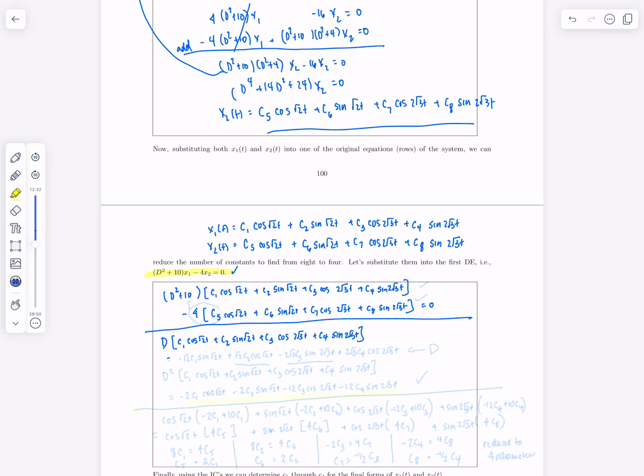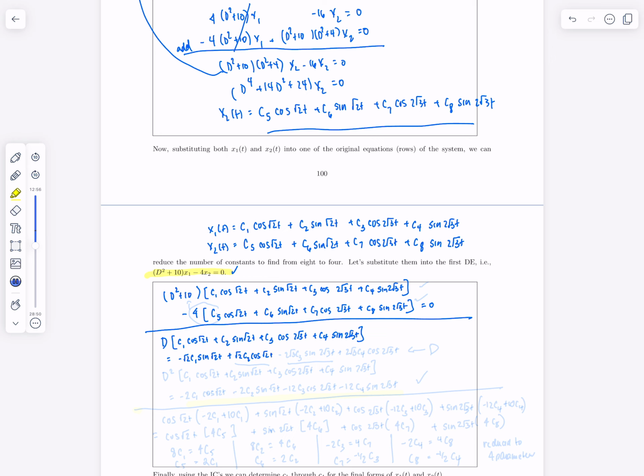Well, we just apply the derivative, right? So we'll have minus square root of 2 c1 sine, taking that derivative, square root of 2t. Now we take the derivative of sine of square root of 2t with the constant there. So that'll be plus square root of 2 c2 cosine square root of 2t. Keep going, all right?